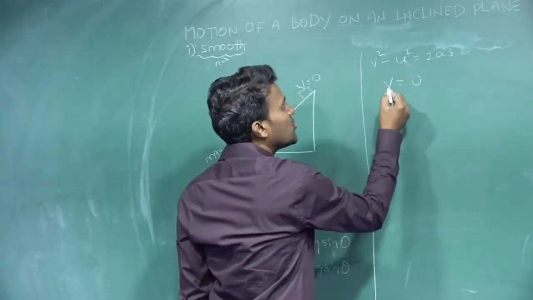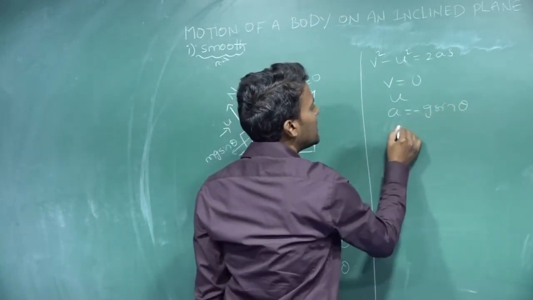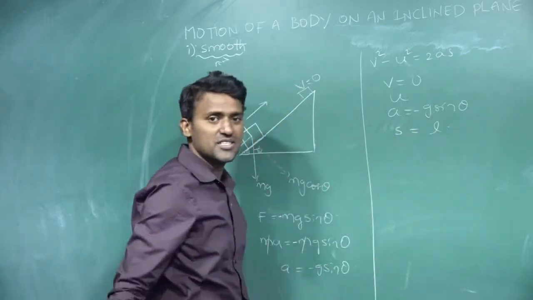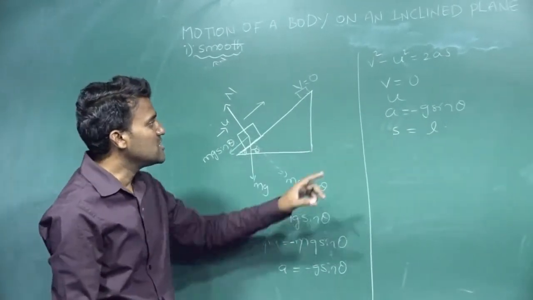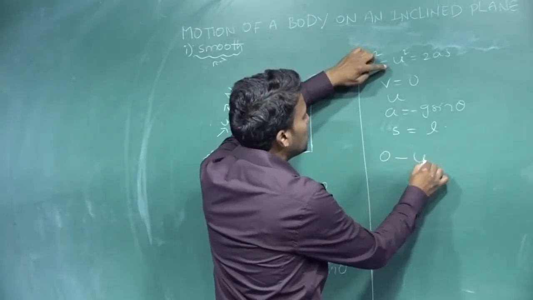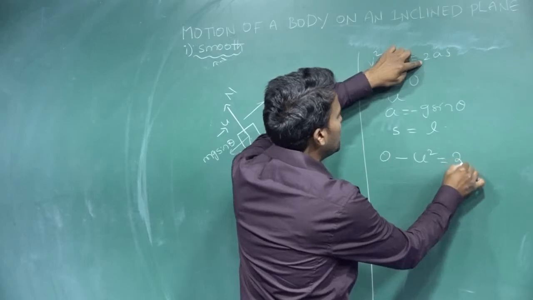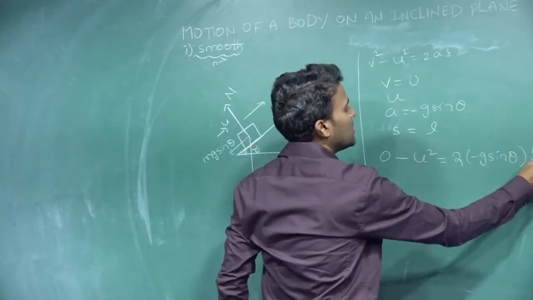Initial velocity is u. Acceleration is equal to minus g sin theta, and s is equal to l. The distance is nothing but the length of the inclined plane, l. Substituting those values, final velocity is 0, so 0 equals u square plus 2a s, where 2a s is minus 2 g sin theta into l.